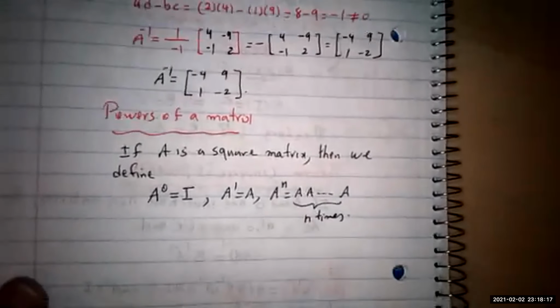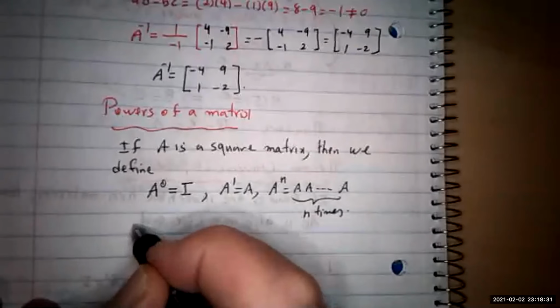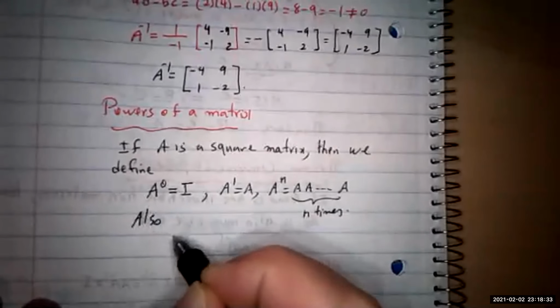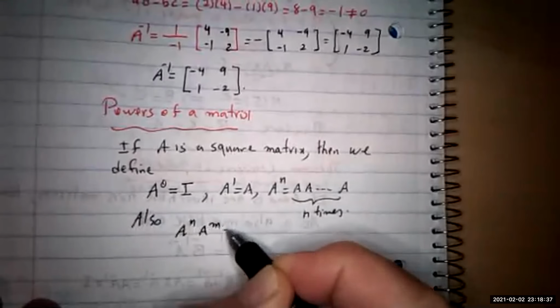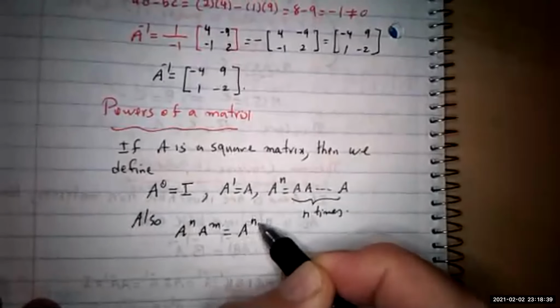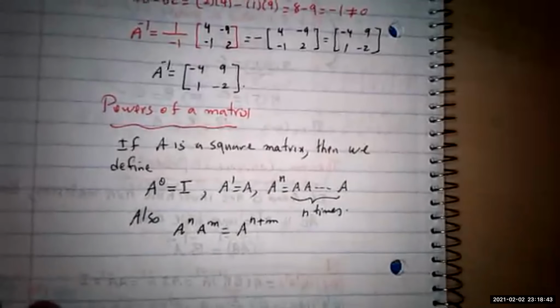Then all the other properties of powers are satisfied. So for example, A to the n times A to the m is going to be A to the n plus m.